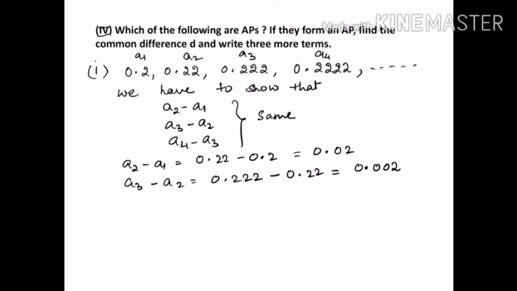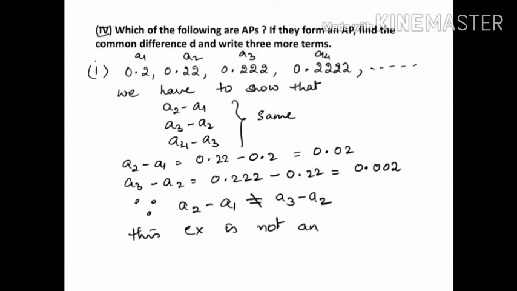Now we don't need to find A4 minus A3 because we have already shown that the common difference is not same. So since A2 minus A1 is not equal to A3 minus A2, this example is not an AP.